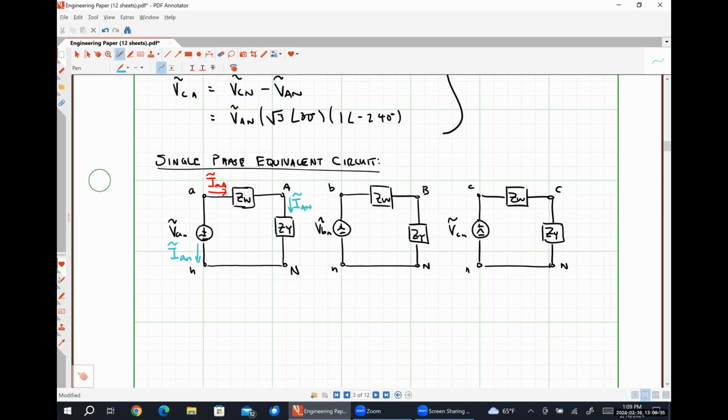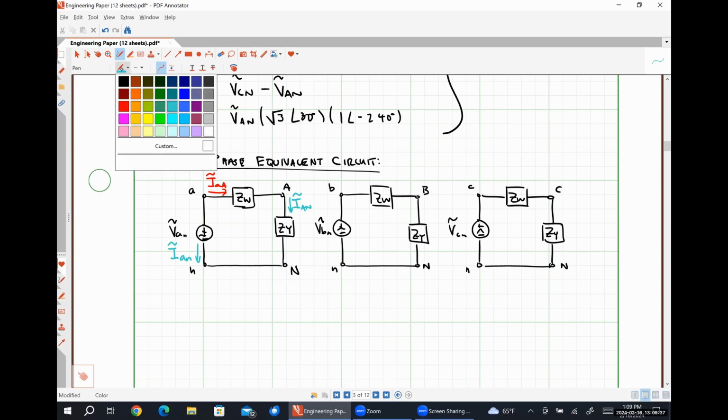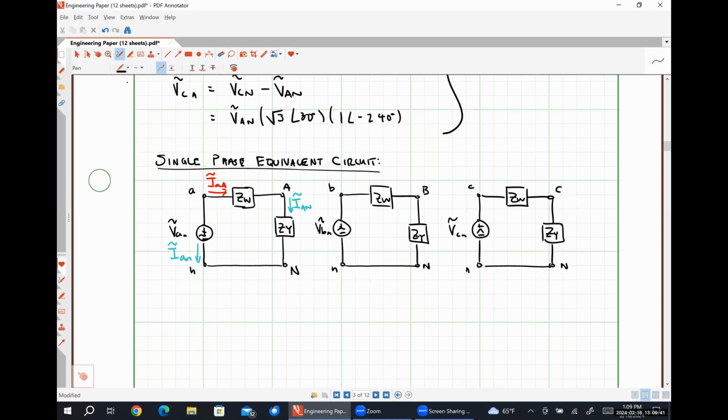We should also be able to figure out the phase voltage across our load. We will not be able to figure out the line voltage across our source or the line voltage across our load from this circuit.